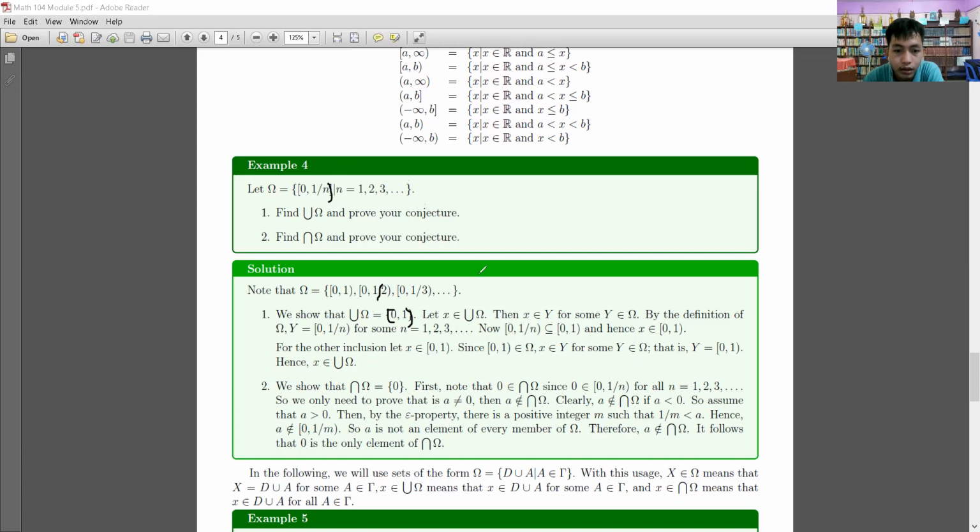Now we see that the half open interval from 0 to 1 over n is a subset of the half open interval from 0 to 1. Therefore, since x is in y and y is a subset of it, x is also in it. So we have proven our conjecture.